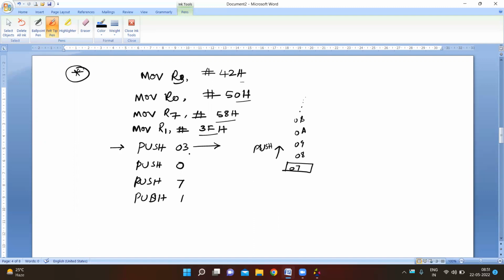After execution of the push 3 instruction, what is the stack pointer value? It was 07, now it is increased to 08. So now the stack pointer is 08.